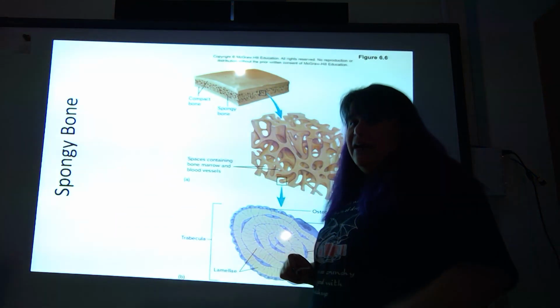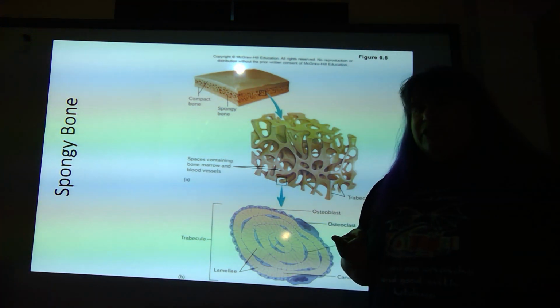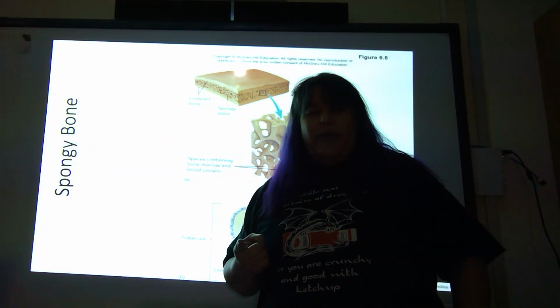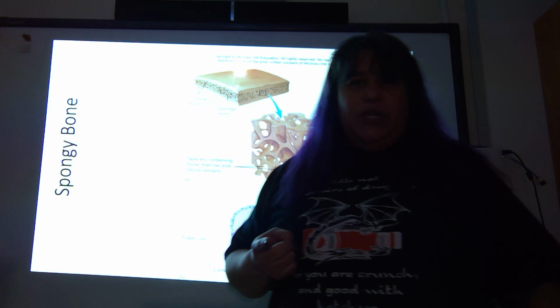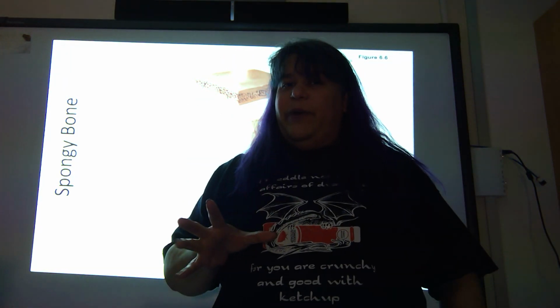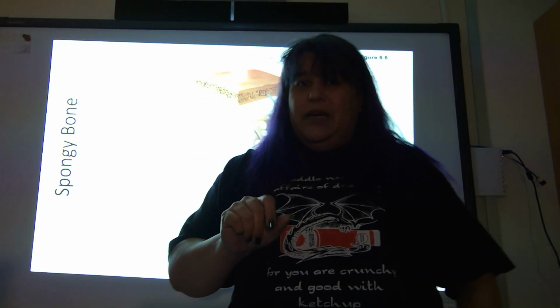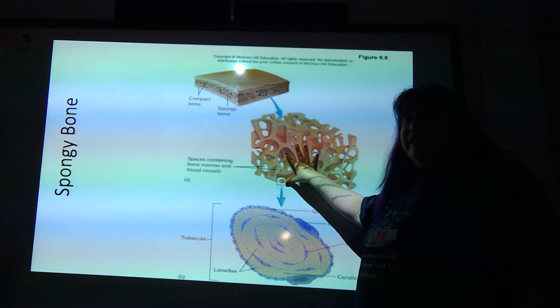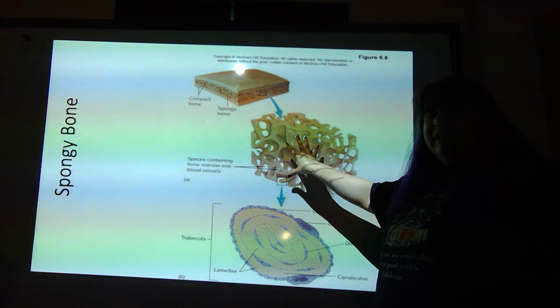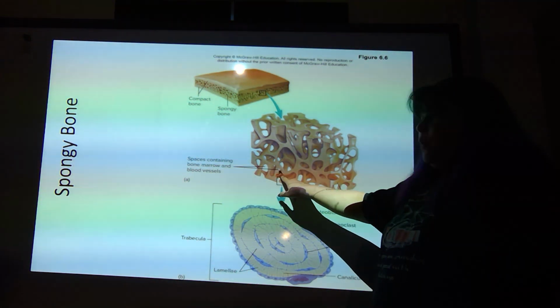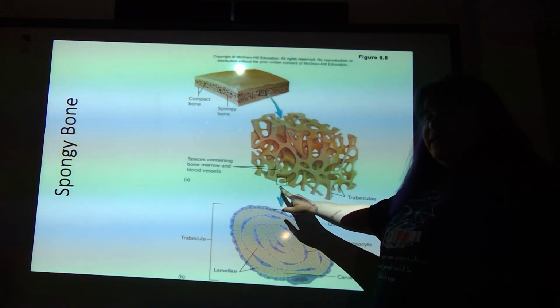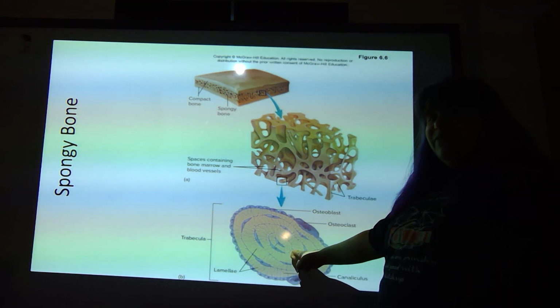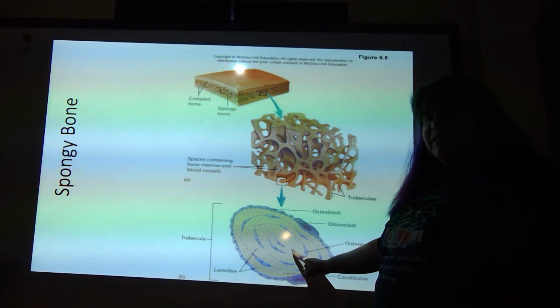Now, something else, and this kind of goes back to how dense, irregular, collagenous connective tissue looks. It looks very, very random, but it actually isn't. This looks really random, but if you actually blow up a piece of this, it is very organized. This looks like a bullseye, right?